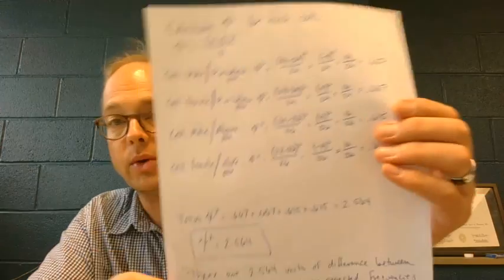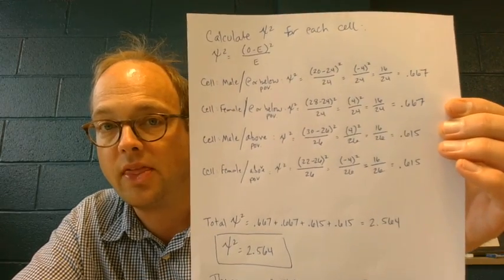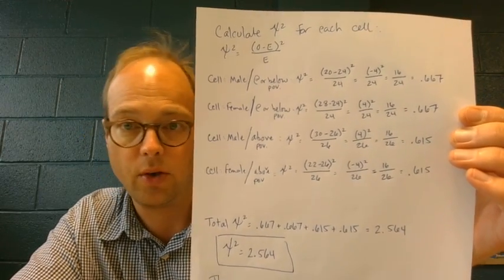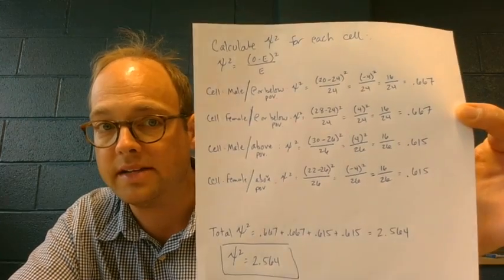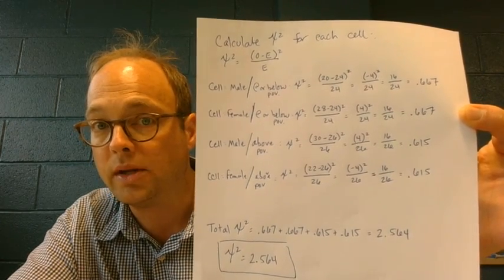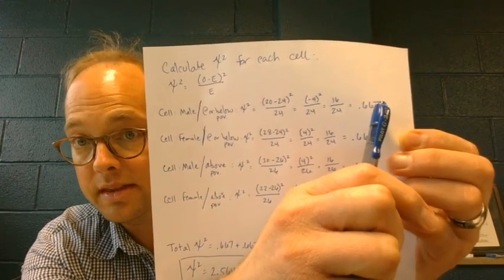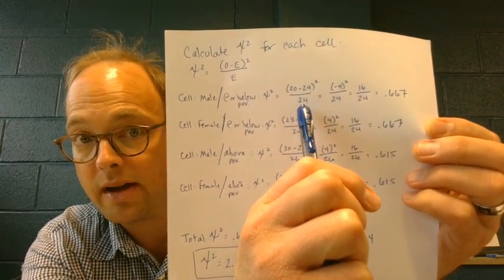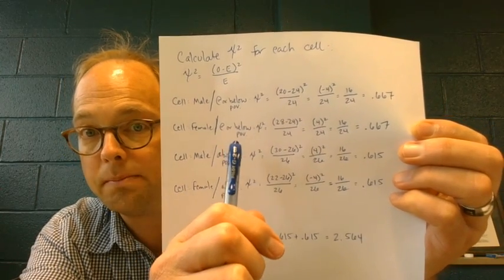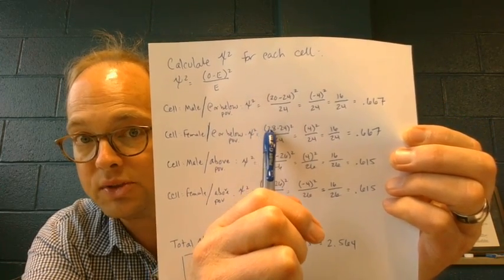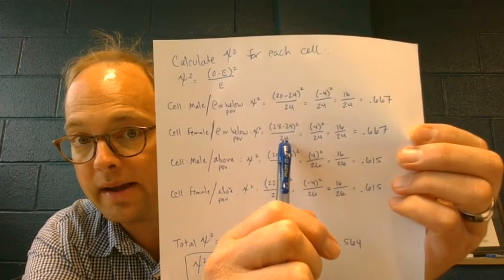That is the total amount of difference between our observed and our expected cell frequencies. In case you were curious, I've also done the math that we just looked over the end result of. I did the math by hand, showing you each cell: males at or below the poverty line, O minus E squared divided by E. Females at or below the poverty line, observed minus expected squared divided by expected.